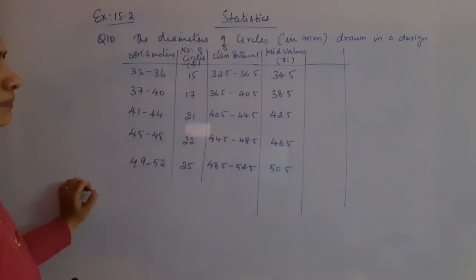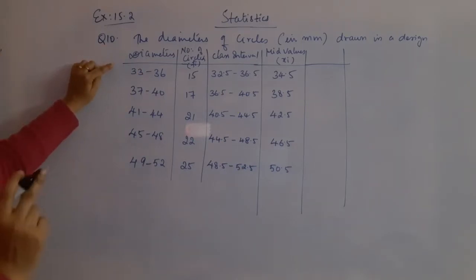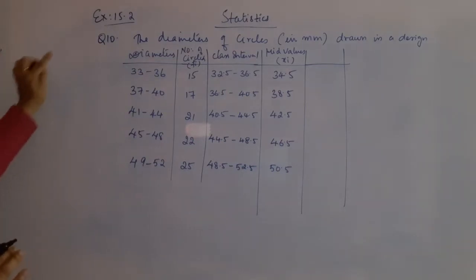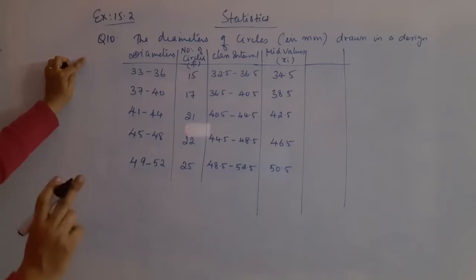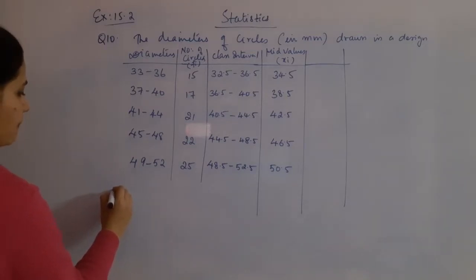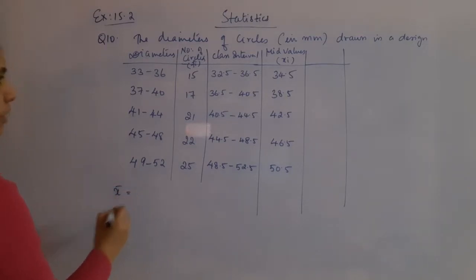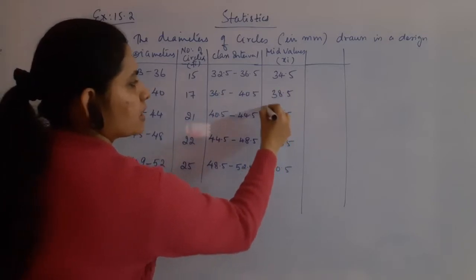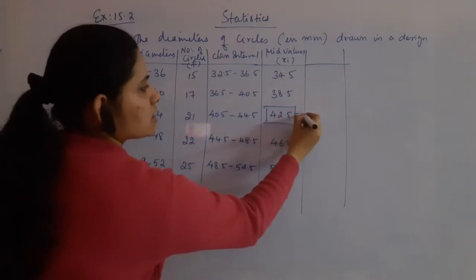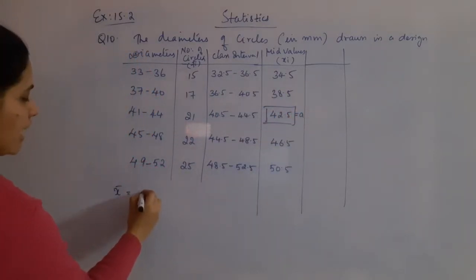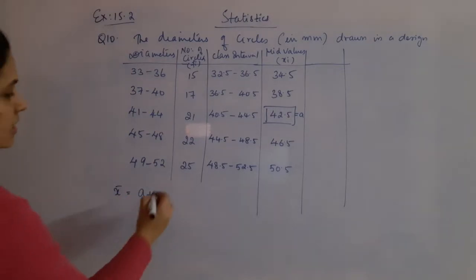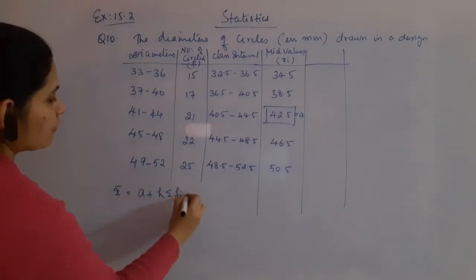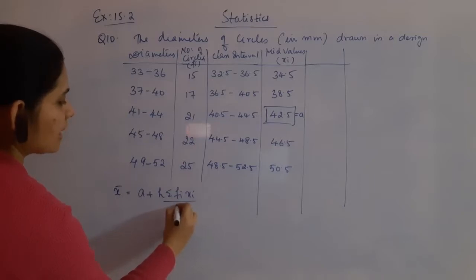Next column will be, again you have to just think which all steps you have. Here again you have to find out mean and variance. Mean means x bar formula, what it will be. First you need to choose your assumed mean. In shortcut method we are doing, so this is A. So you will have the formula as A plus h into sigma fi xi divided by n.